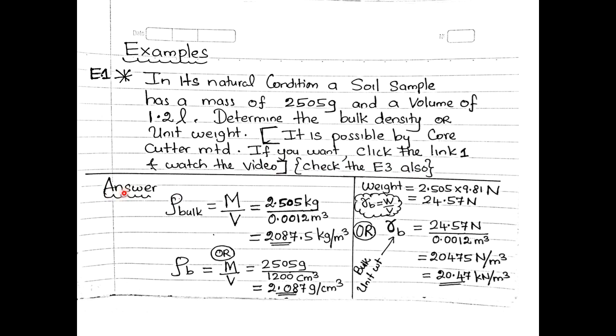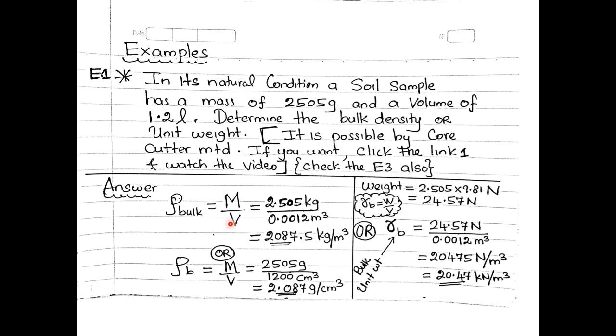Answer is bulk density is equal to total mass over total volume. Total mass is equal to 2.505 kilogram, because this is gram, this is kilogram, divided by total volume of cork cutter.